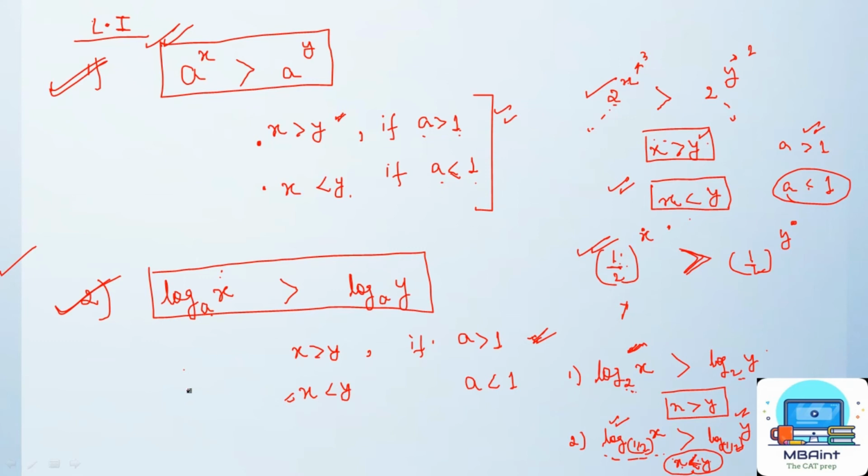There's one last point which I need to discuss, and then we can move on to the problem solving part. The third point here, and again an important one, is, let's say you have a condition like this: log base a of x is greater than y, right?